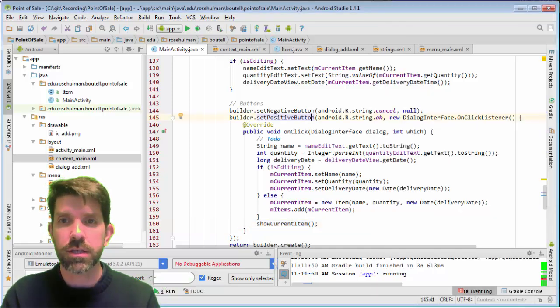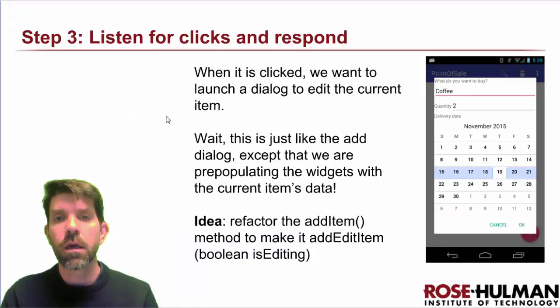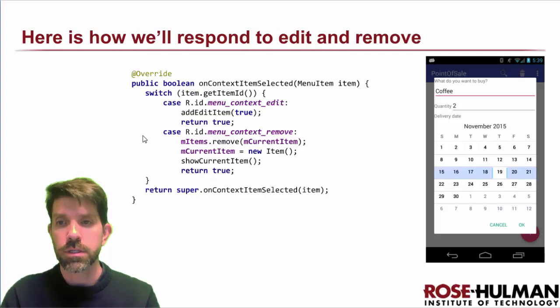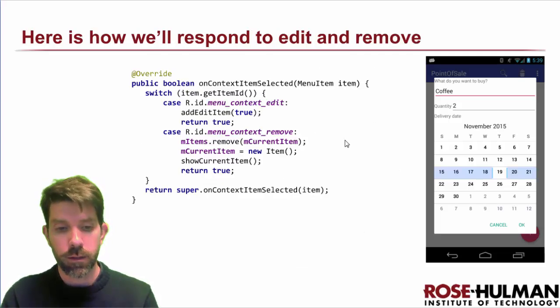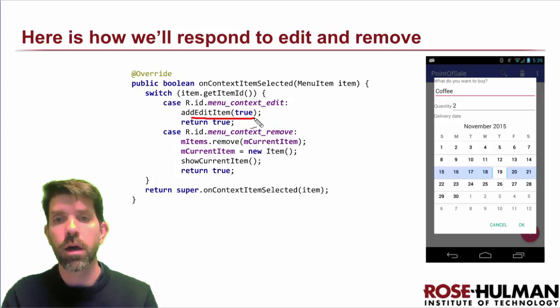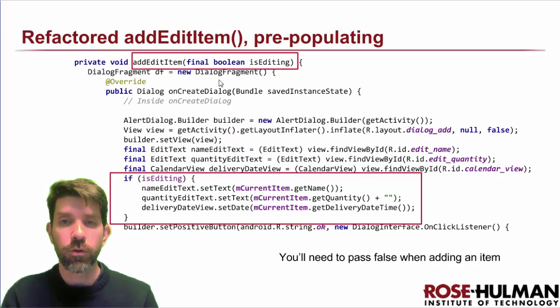So let's go back to our slides and kind of wrap up this lesson. So basically what we did was we made this context menu item, and we talked about how it responds, either by adding or editing one, or then just going ahead and removing from the list. And the code for what we had done for pre-populating really fits into 2 cases.